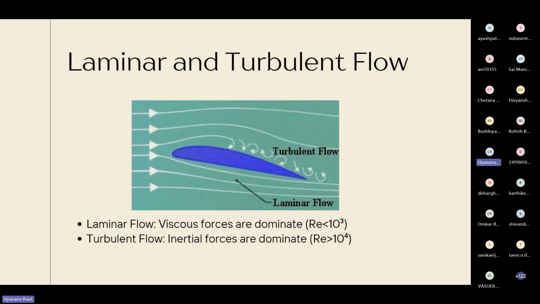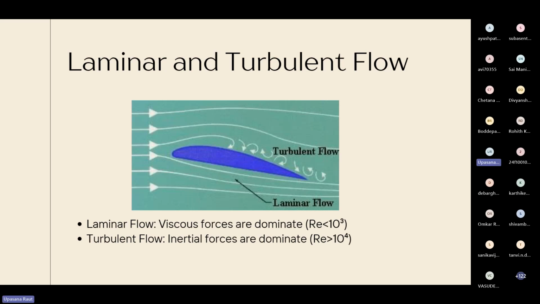It would be more predictable, and there won't be much disorder in this flow. It's all going to be parallel. But when inertial forces are dominant, the flow is a bit unpredictable. There would be curls like this in the flow, and this flow is called turbulent flow. Here the inertial forces are dominant, and the Reynolds number is more than 10 to the power 4.